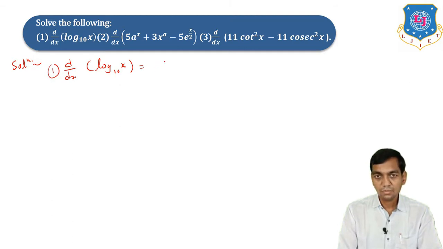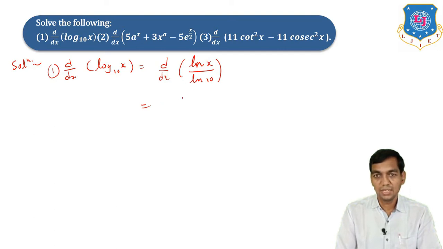So here I am going to use the change of base formula and I am going to write this as ln x upon ln 10. Ln, that means log base e. So ln 10 is going to be constant, or you can write this in the form of log e base 10 into d by dx of ln x. But ln x has a derivative 1 upon x. So this will be log e base 10 by x.